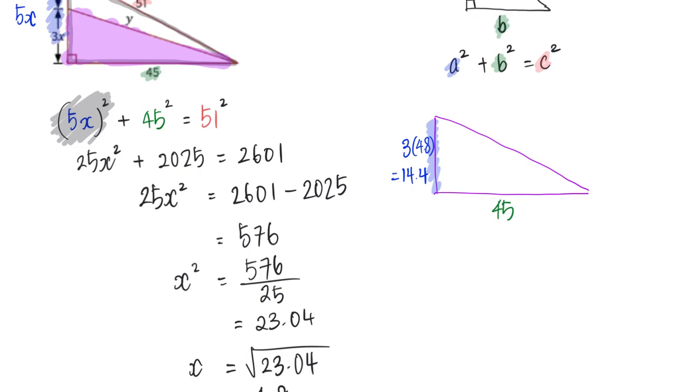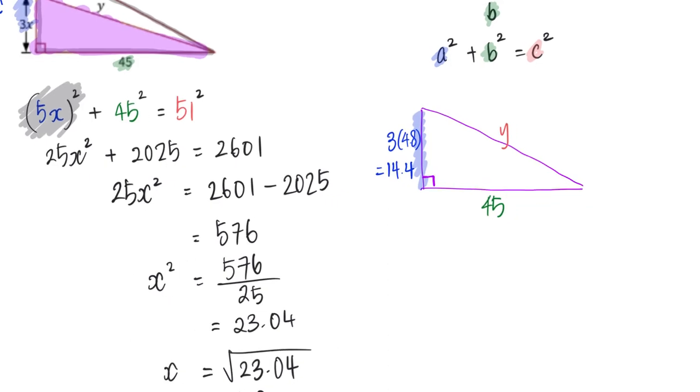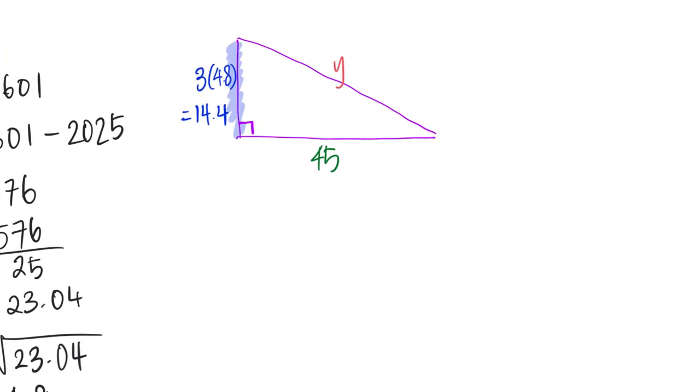And this is my y. And this is also a right angle triangle, okay? So again, applying Pythagoras theorem for right angle triangle, my y square will be equals to this 14.4 square plus 45 square.